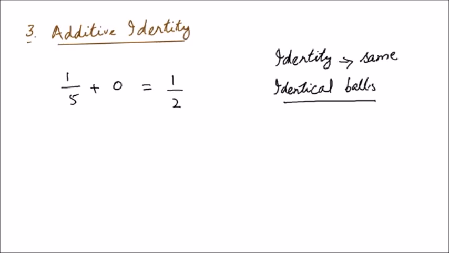Now, if we add 0 with 3 by 5, we will get 3 by 5. So additive identity is 0. This 0 is additive identity, and addition of rational numbers has additive identity.